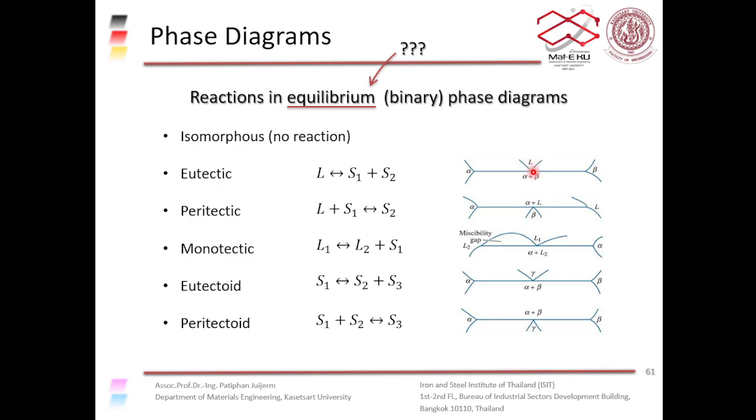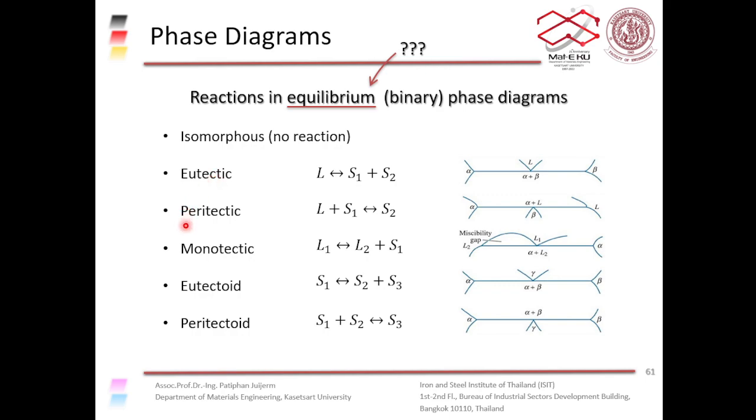But these two lines meet at this point here. Above this point, at a higher temperature, you get just the liquid phase. Upon cooling down, that liquid phase will turn into solid 1 and solid 2, which are the alpha solid solution and the beta solid solution, both solid, right? So at this point here, you get a eutectic reaction.